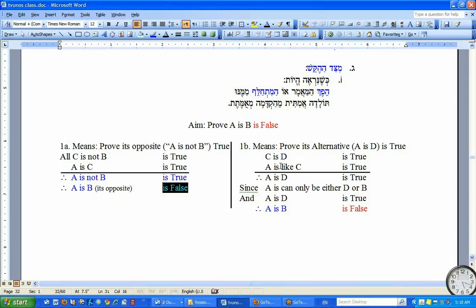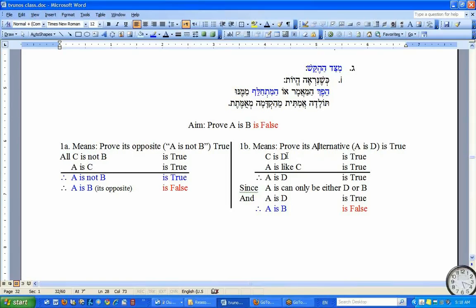Okay. Now, you don't have to prove the opposite. You can prove that a different result comes out. For instance, if I want to prove that something is not white, let's just in theory say that black is the opposite of white. I can prove it is black, or I can prove it's another color.